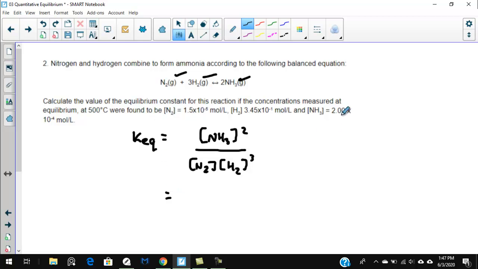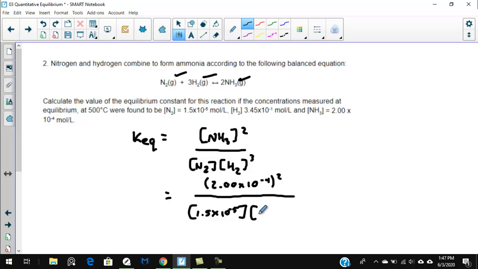And the next step then is to take the equilibrium values and plug them in. So NH3 was 2.00 times 10 to the minus 4, squared, over the N2, which was 1.5 times 10 to the minus 5 to the power of 1.